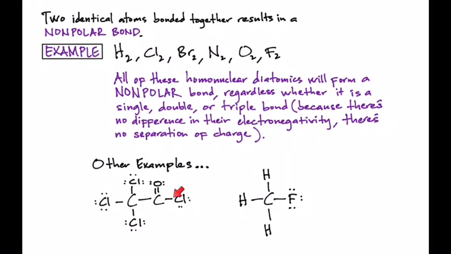And again, this carbon to chlorine bond is also a polar bond. But the bond between these two carbon atoms is considered nonpolar because there's no difference in their electronegativity. For this molecule right here, the carbon to fluorine bond is considered a polar bond, and because the difference in electronegativity between carbon and hydrogen is minute, the bond is considered nonpolar.